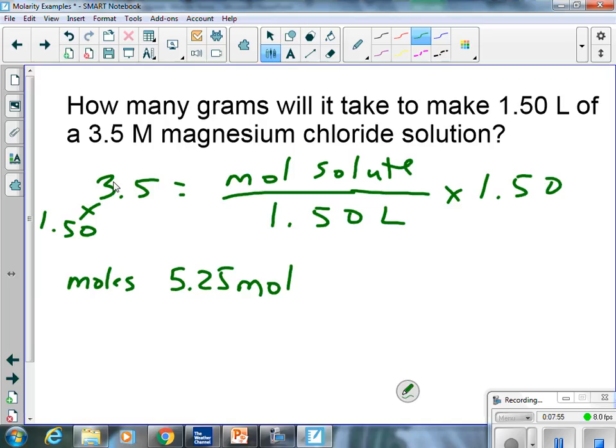Now that is moles of magnesium chloride, correct? I don't want moles of magnesium chloride.